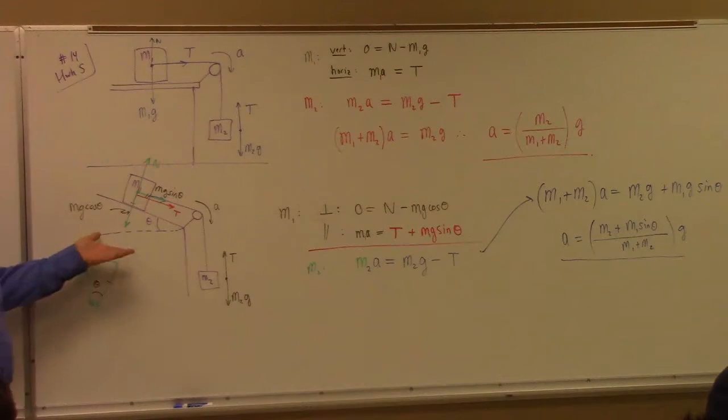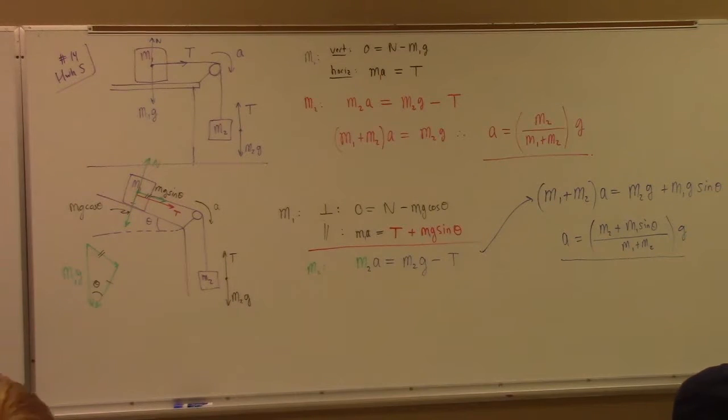What happens if we put theta equal to 0? How about theta equals 90 degrees? Free fall, right? That make sense? It does, yeah.